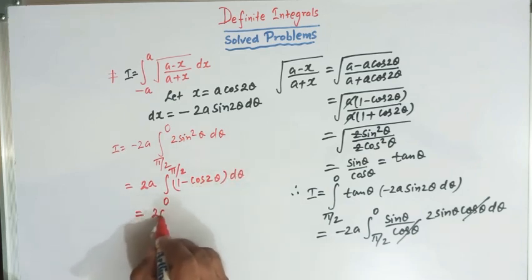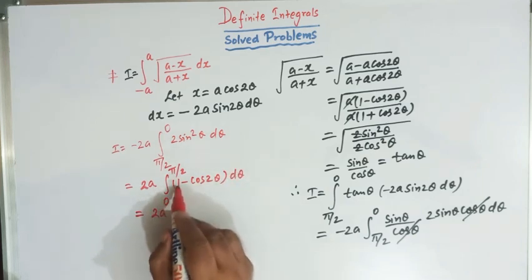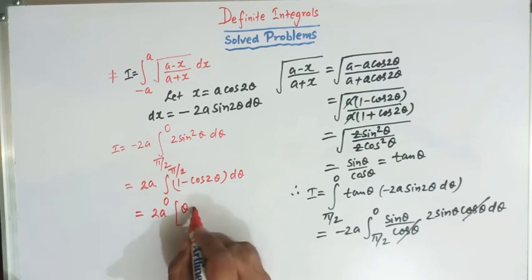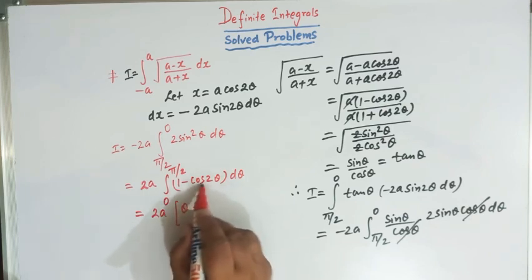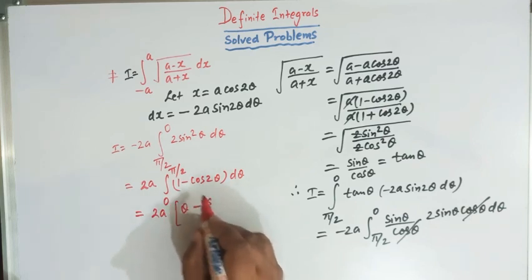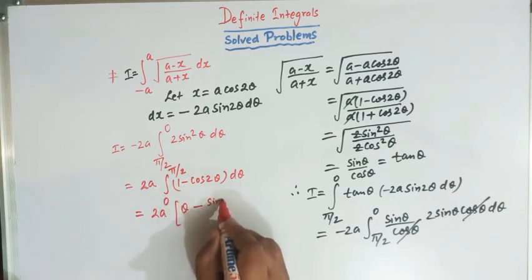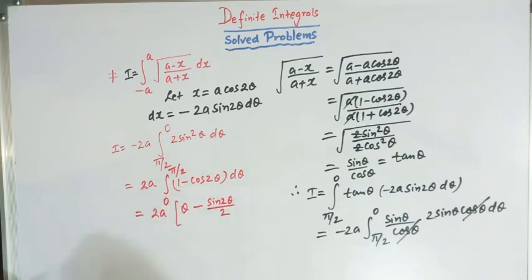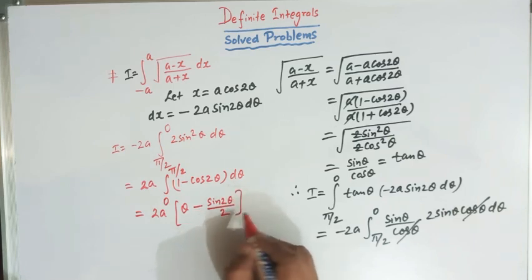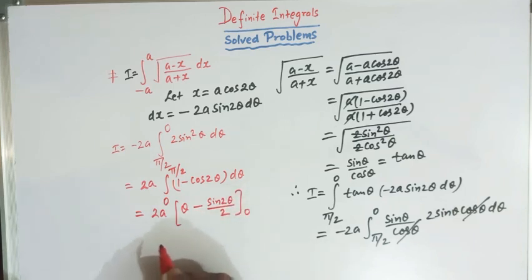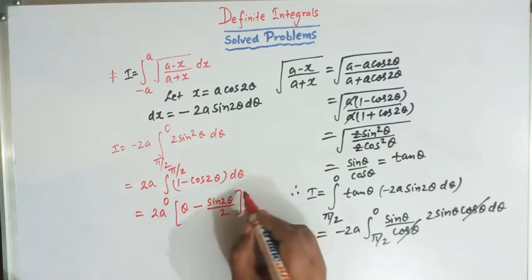And now this is 2a, the integral of 1 is θ, and the integral of cos 2θ is sin 2θ divided by 2, and the limits are from 0 to π/2.